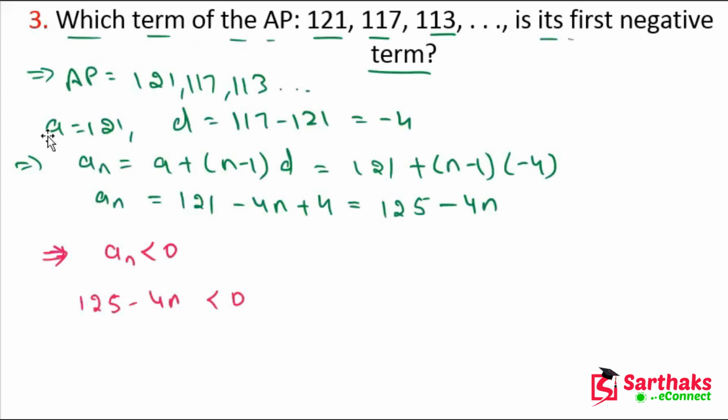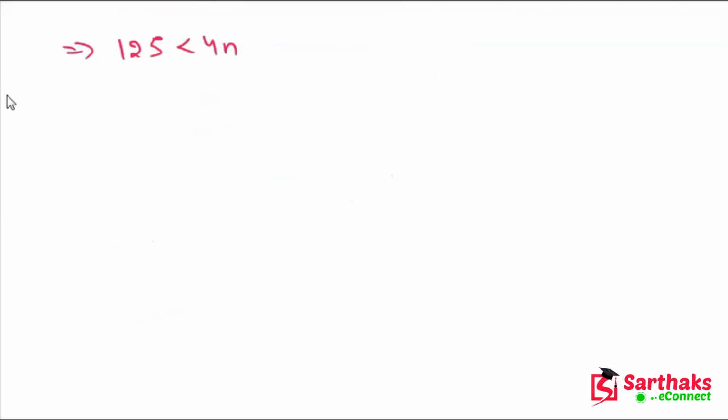Here we shift 4n to this side. Now we have n is greater than 125 divided by 4, and n is greater than 31.25.